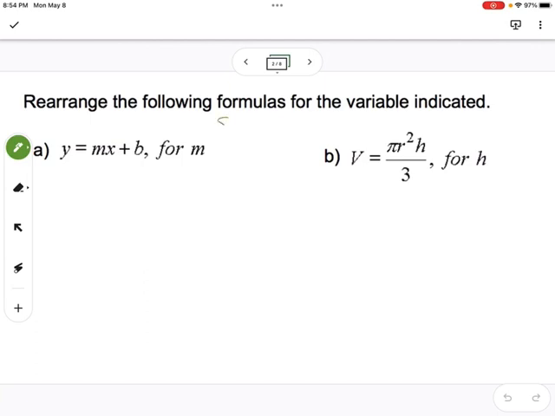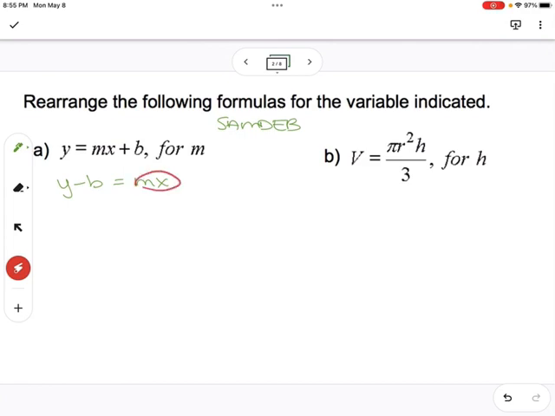Okay, so using SAMDEB, that means we want to move any adding or subtracting first. That means we're moving this plus b to the other side, and it'll become minus b. So y minus b equals mx. And then we have our m times x. We want to get m by itself.